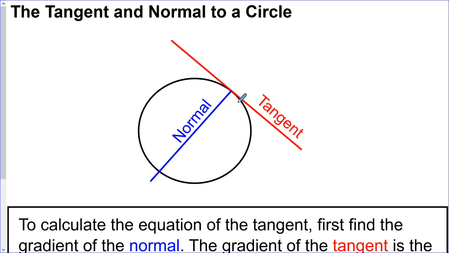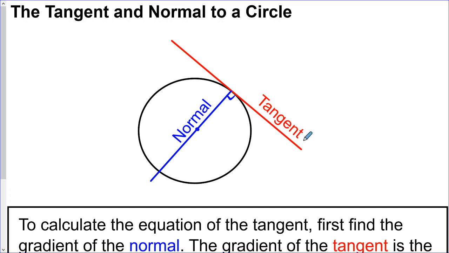Now, because of what we just said about this being a right angle, if we have a tangent, the normal is at right angles to it, and we've just said that if you have a line at a right angle to a tangent, that would be a radius, or this whole thing would be a diameter. So the normal to a tangent is a straight line that follows the diameter of the circle. So that's going to be useful to us.